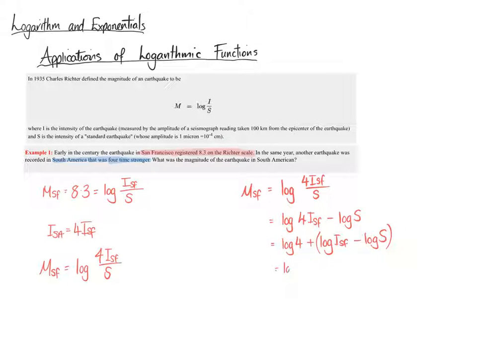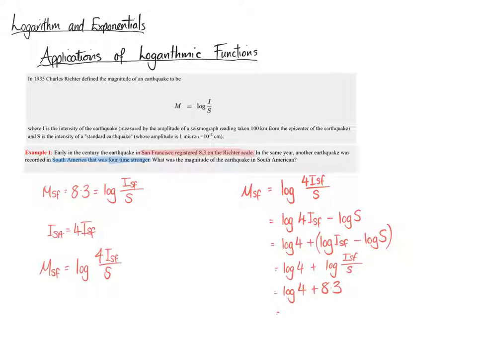So we have log of 4 plus the log of the intensity of the San Francisco earthquake over the standard one. And the log of the intensity of the San Francisco earthquake over the standard one, we know is in fact 8.3. So we get log of 4 plus 8.3.